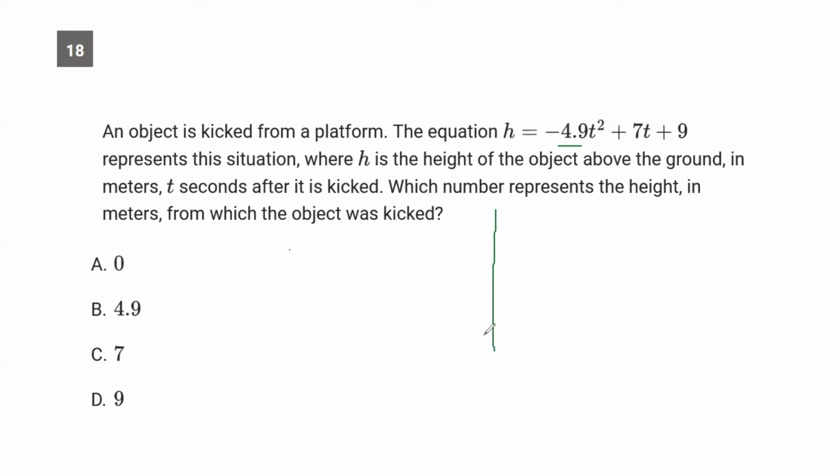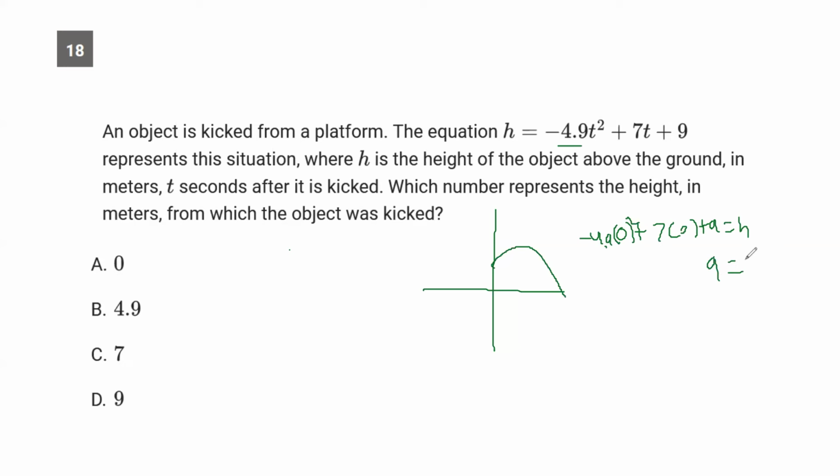So just try to picture this, right? We're going to have something like this, a downward facing parabola. And you want to think we're starting at 9 because when we plug in 0 for t, negative 4.9 times 0 squared plus 7 times 0 plus 9 equals height at beginning.